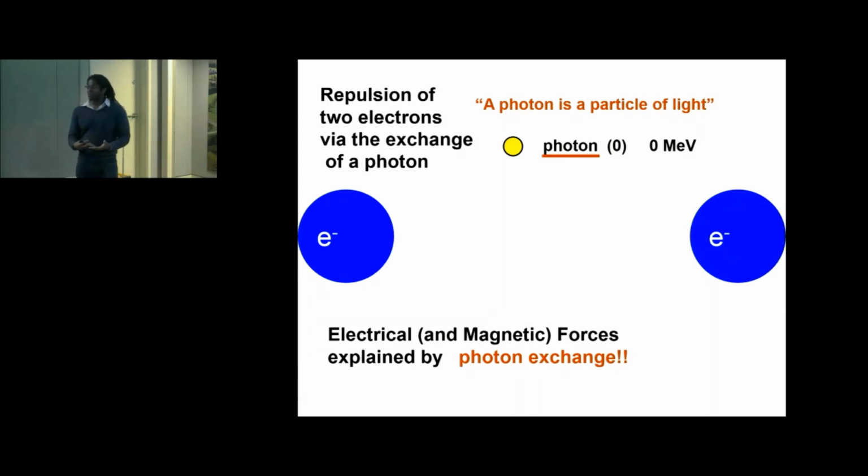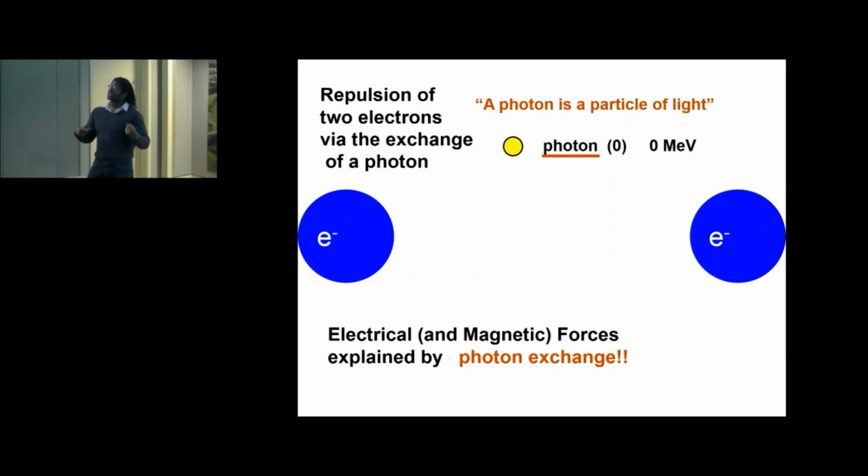The quantum explanation is that you've got two electrons. What happens is one electron will exchange a photon with the other electron. The electron that emits the photon, let's say emits the photon in the forward direction, that photon's got momentum in the forward direction. In order to balance momentum and conserve momentum, that electron's then got to move back in the opposite direction to conserve momentum.